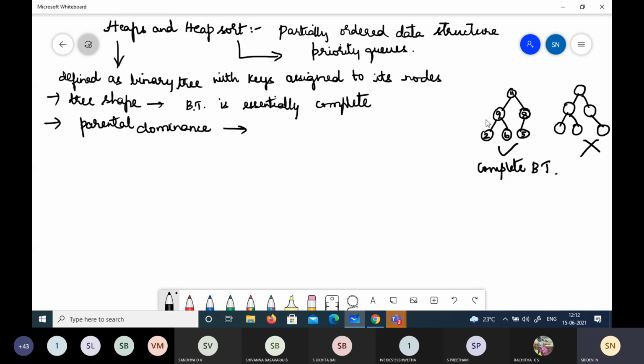It is essentially a complete binary tree, and also there should be parental dominance, which means that the key at the parent position should be greater than the values of its children nodes. Got it? The key at each node is greater than or equal to the key at its children. Understood what a heap is now?